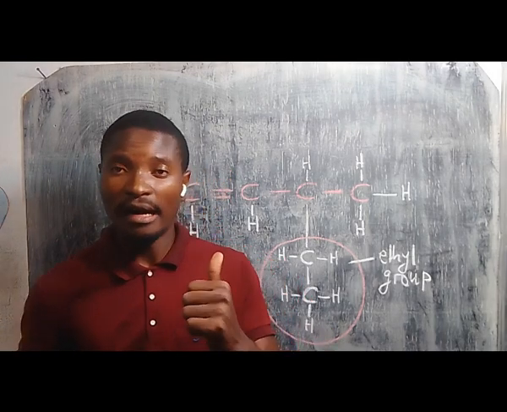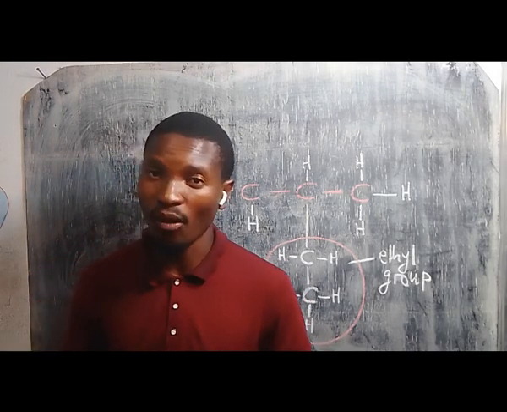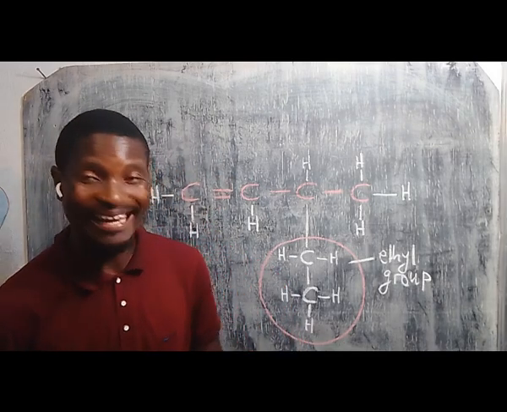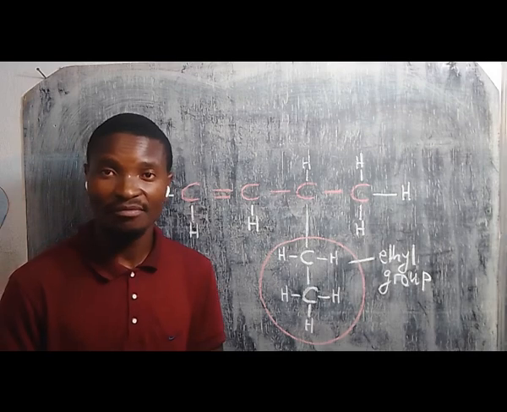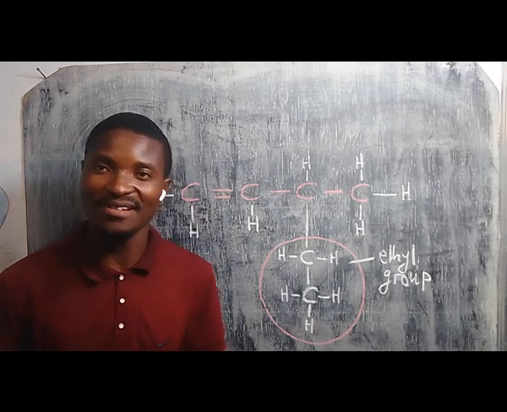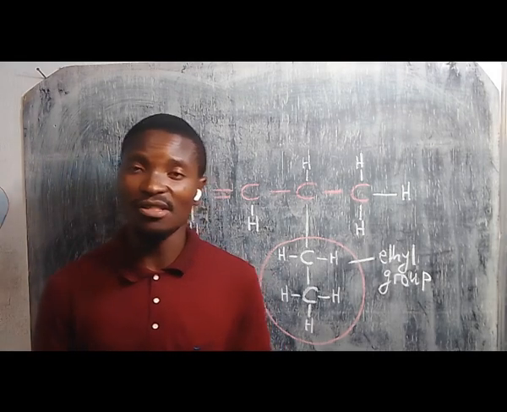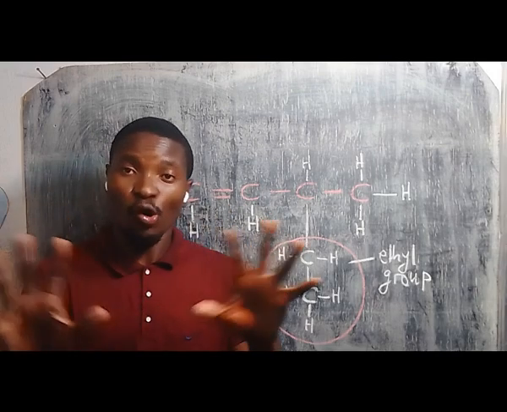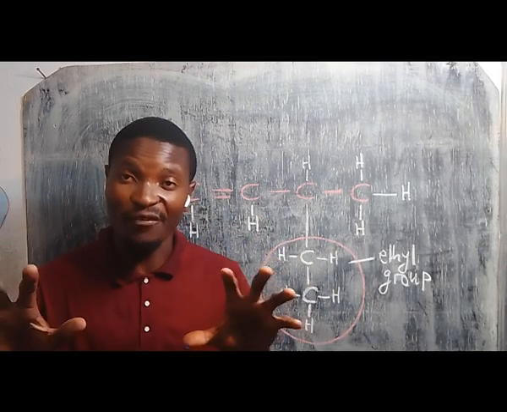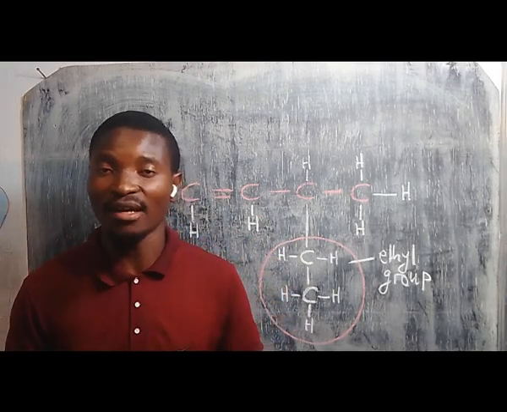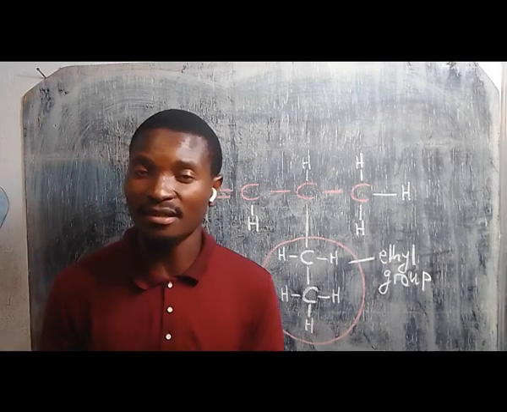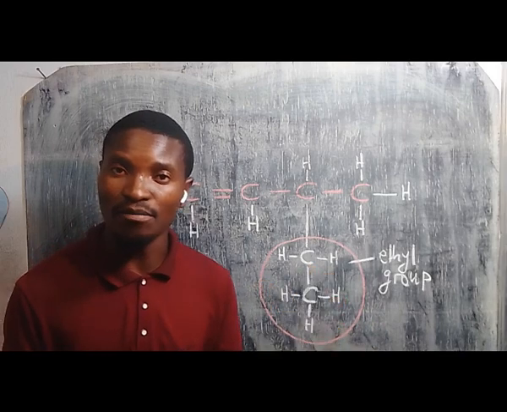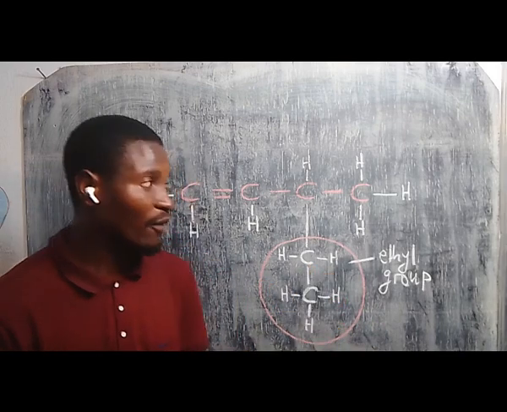Now let us solve this example and see what kind of name we get from this structure. When you're talking about organic chemistry and specifically the alkenes, what comes to mind is that these are hydrocarbons that have a double bond in them.